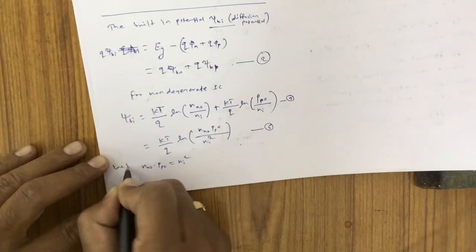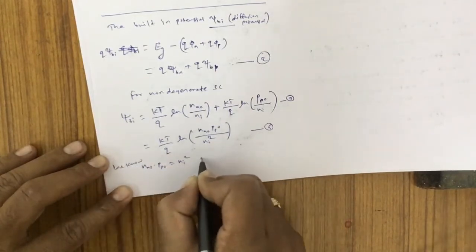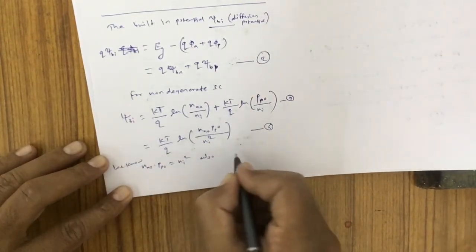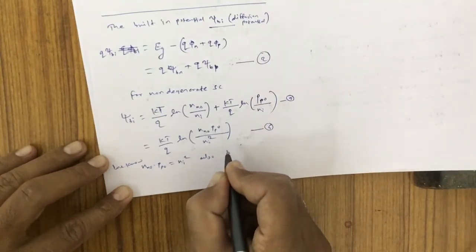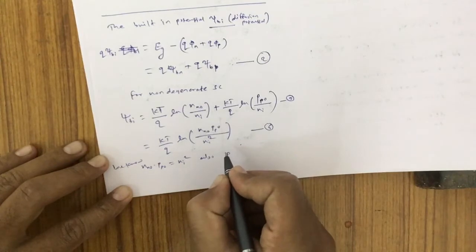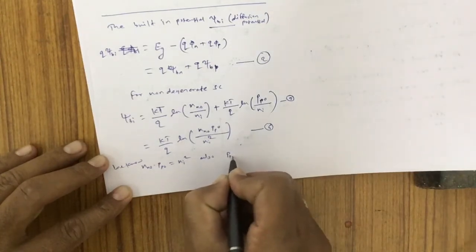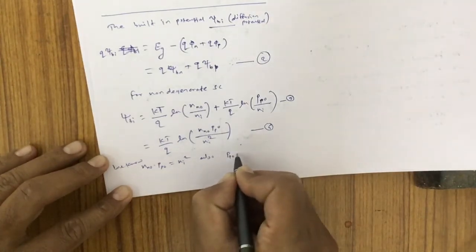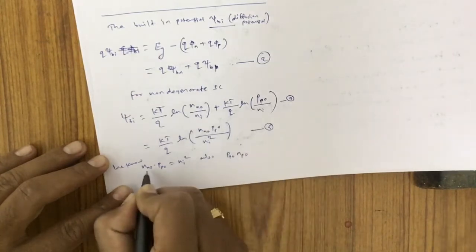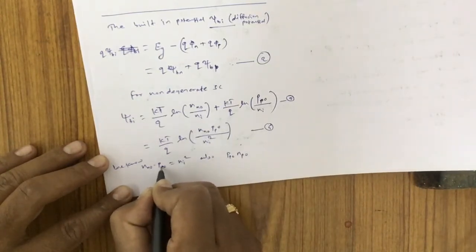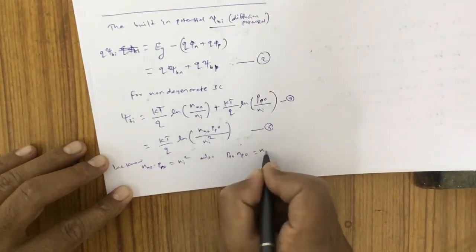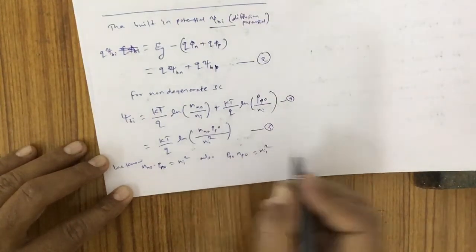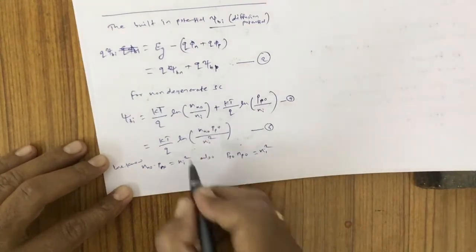Also, pn0 and np0, that is pp0 and np0, is also equal to ni square. So try to substitute this value in the above equation.